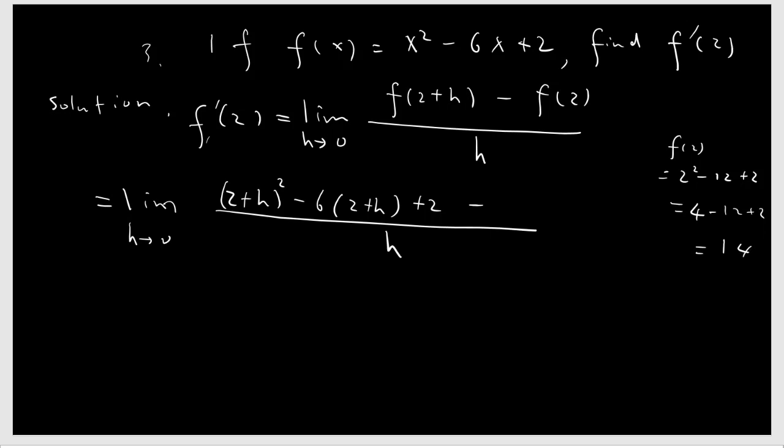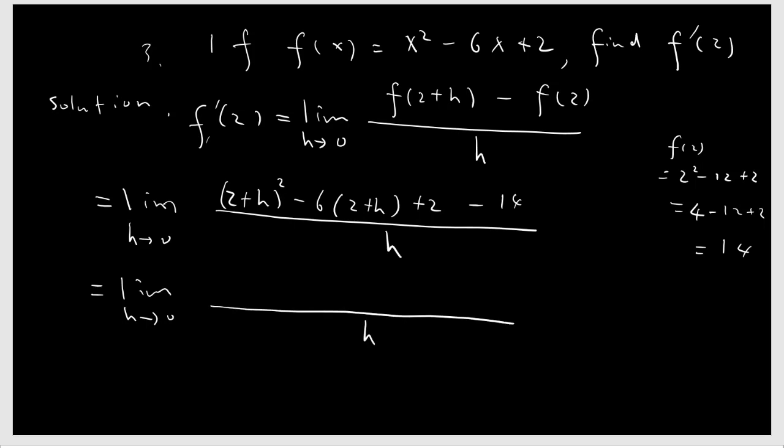Is that right? I think it's 14. So if you want, you can try it here on your own. We should have the same thing, and then we could compare the answers.